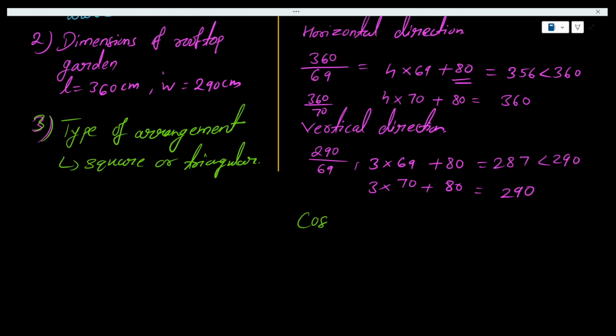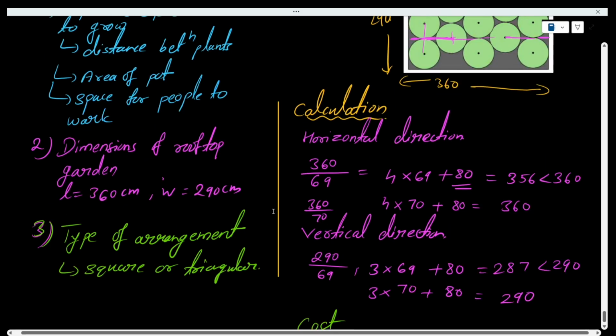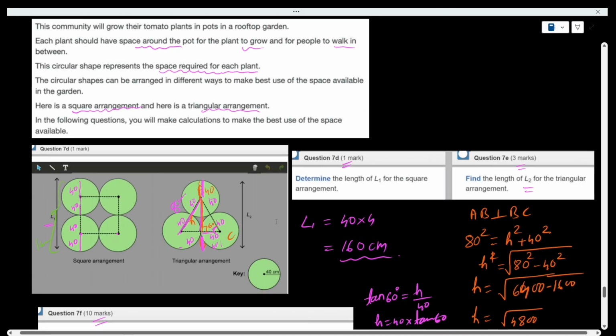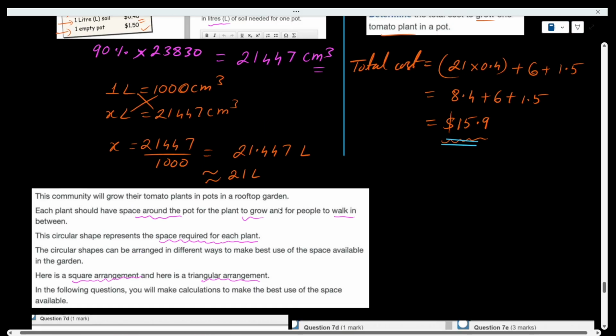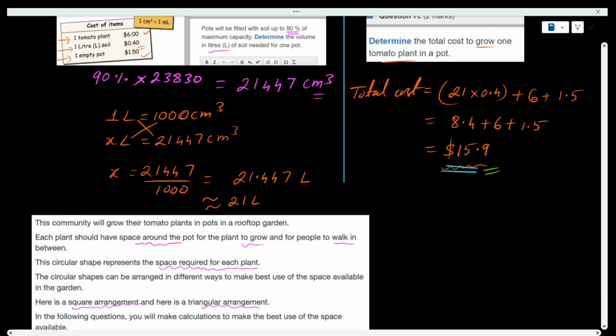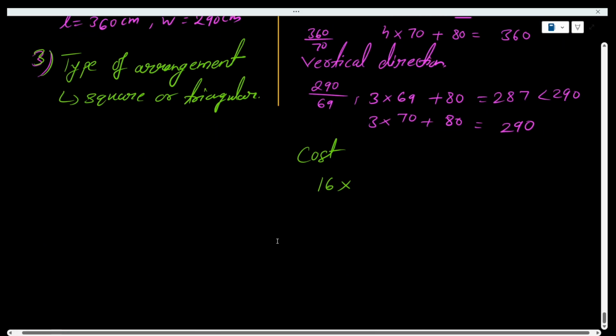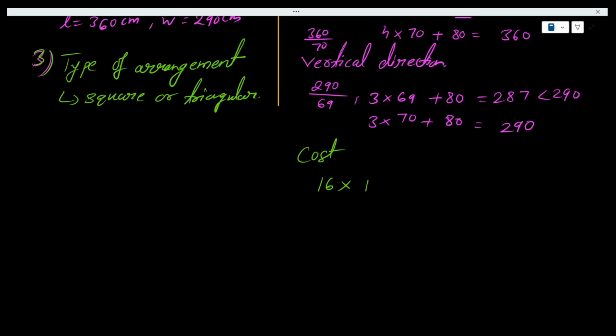16 pots. So if you are taking cost 16 times, what was the total cost to maintain one tomato plant? Along with this, the total cost was $15.9. So we can round up $15.9 to $16. So it will be approximately $256 if you are taking 16 times.